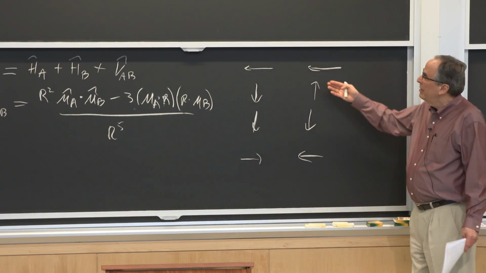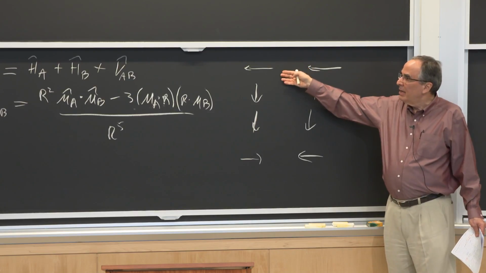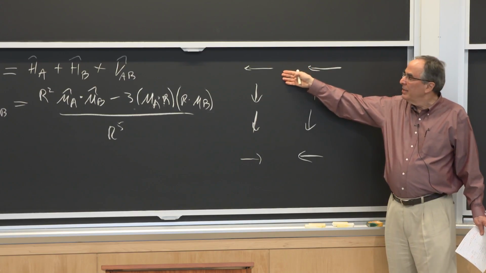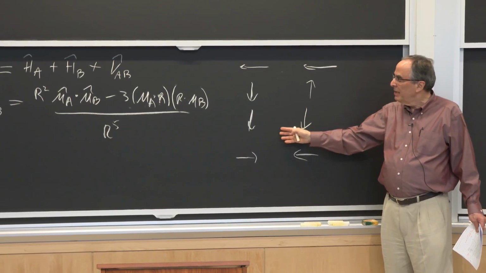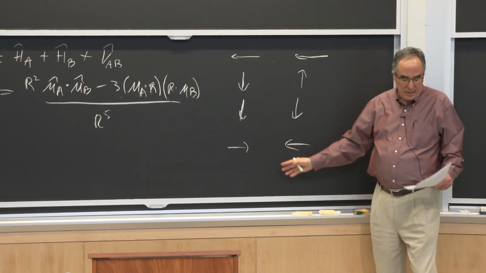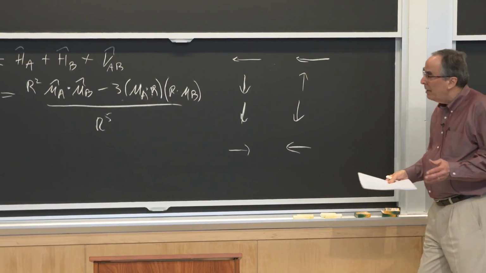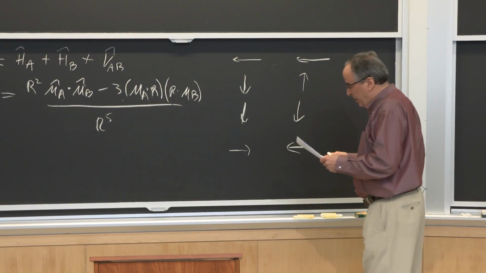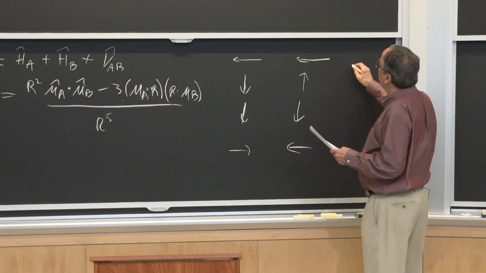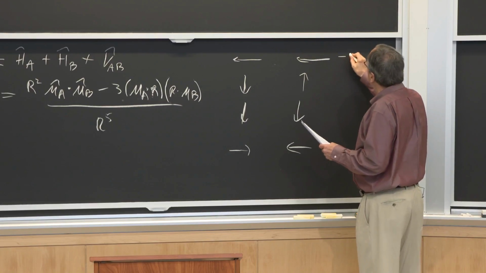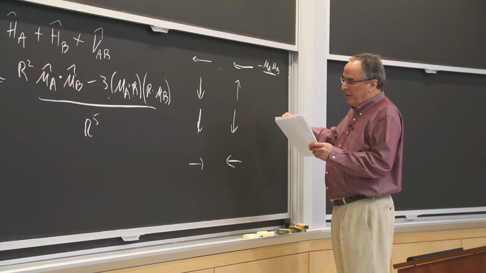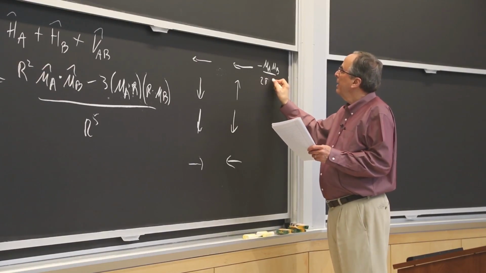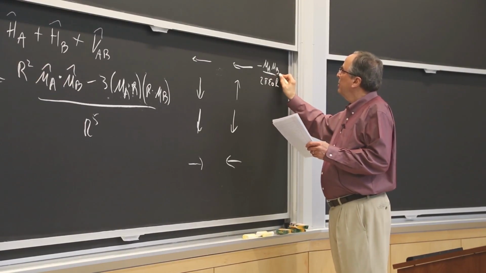And we know that this is an attractive interaction. This is an attractive interaction. This is repulsive, and this is repulsive. And we know also by plugging into the formulas that the energy for this one is minus mu A mu B over 2 pi epsilon 0 r cubed.